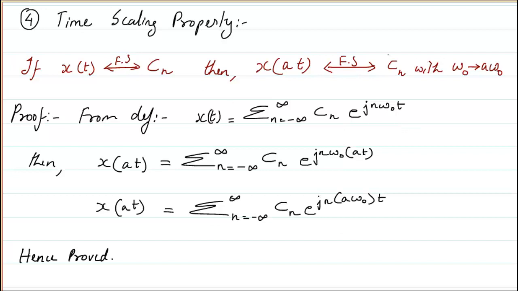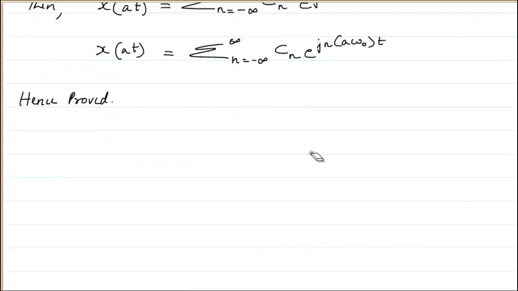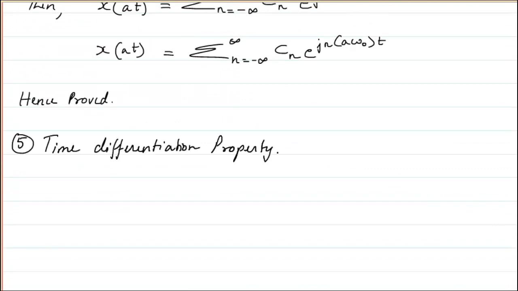So hence proved that there is going to be no change. The only change is that the fundamental frequency will change from omega naught to a omega naught. Clear? So then we will move to the next property, the fifth property.